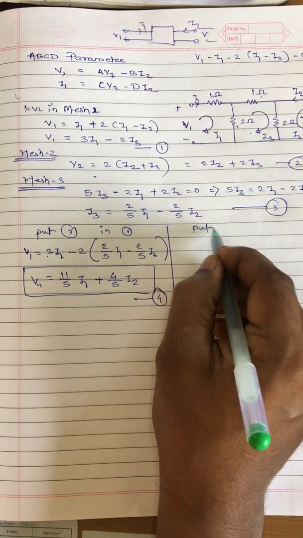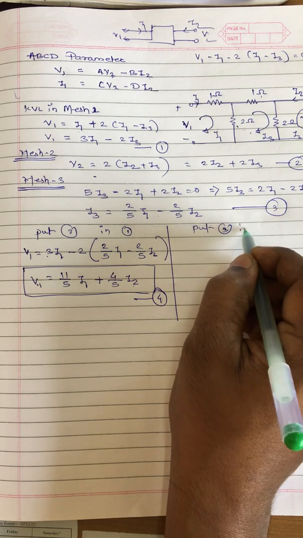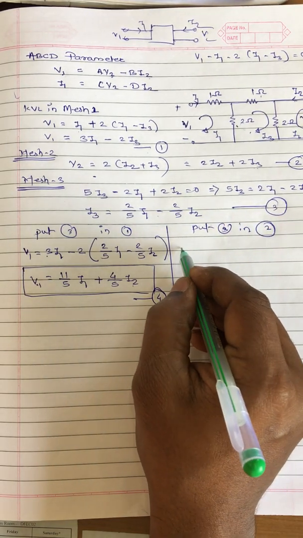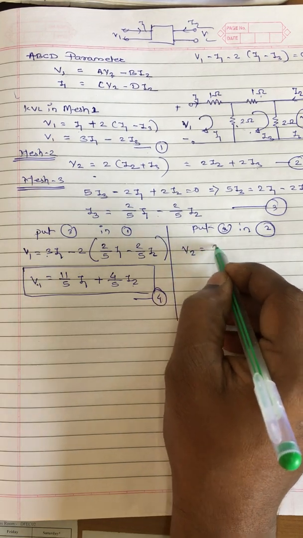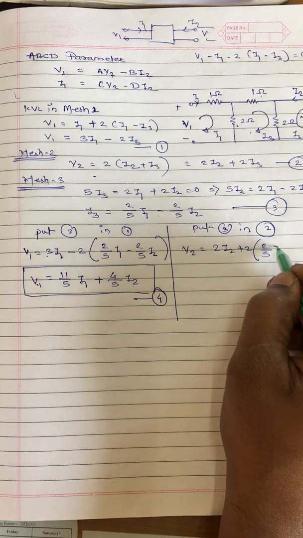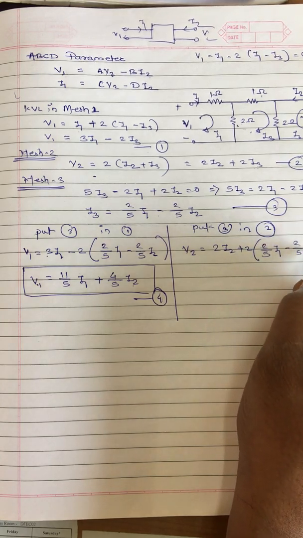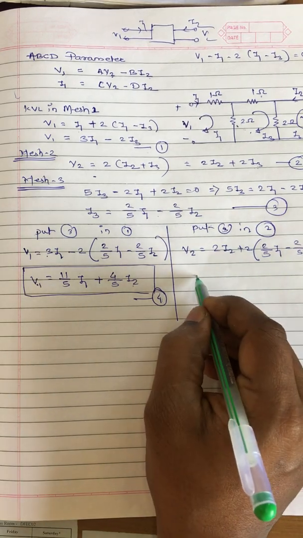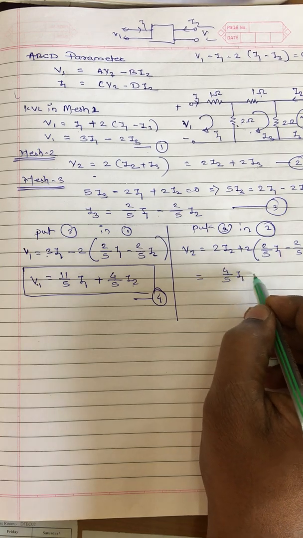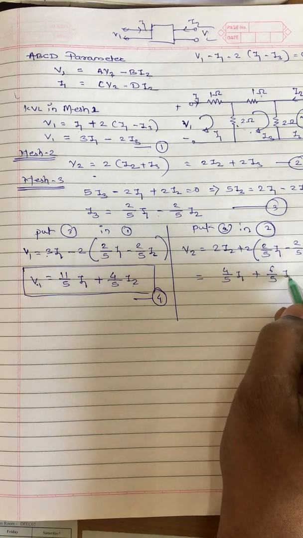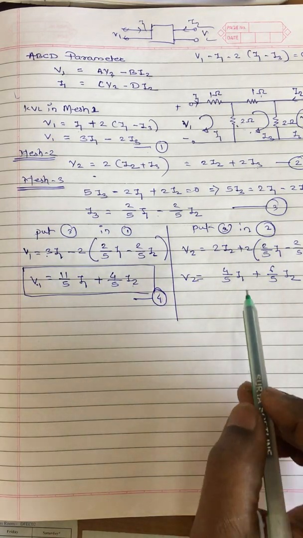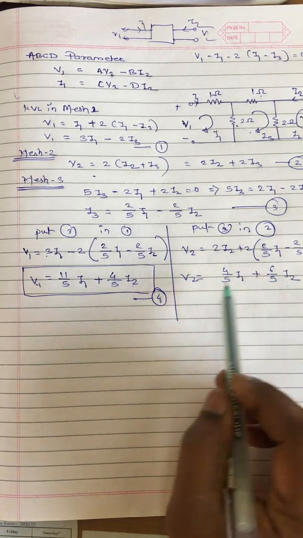Now put 3 in equation 2. What will be the new equation? V2 equal to 2 I2 plus 2, and instead of I3 I will write 2 by 5 I1 minus 2 by 5 I2. Now solve this equation. You will get 4 by 5 I1 plus 6 by 5 I2 for V2. If you closely observe, the parameters here are I1, I2 and V2.